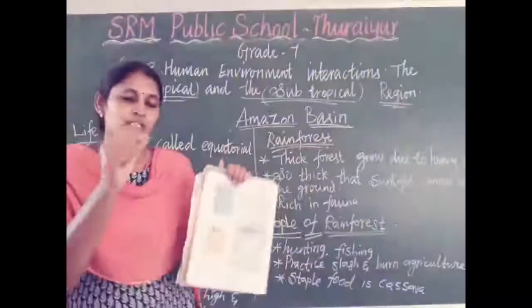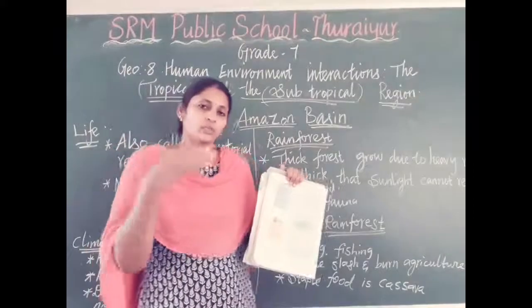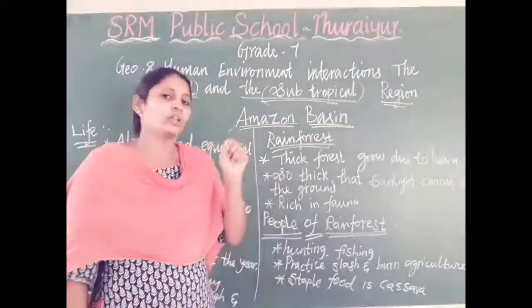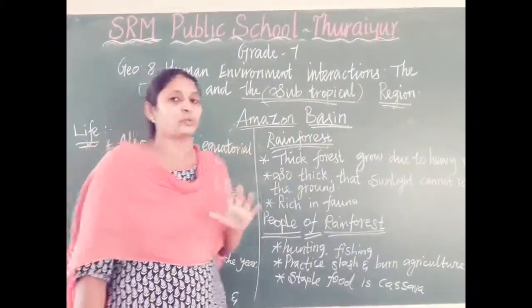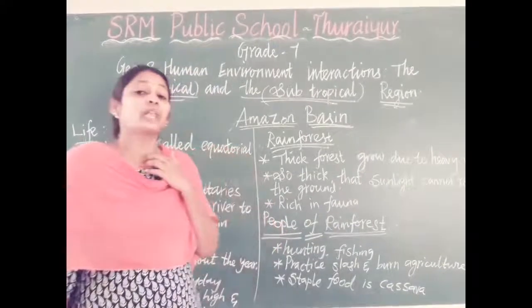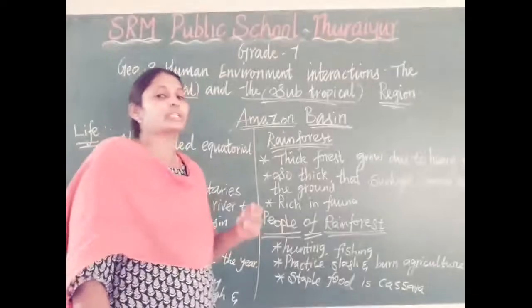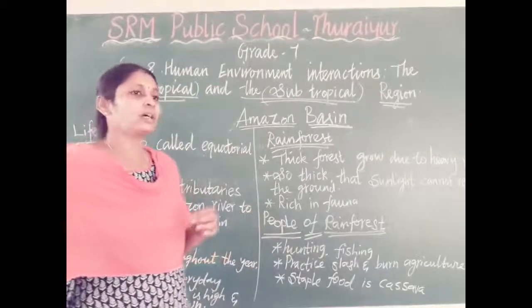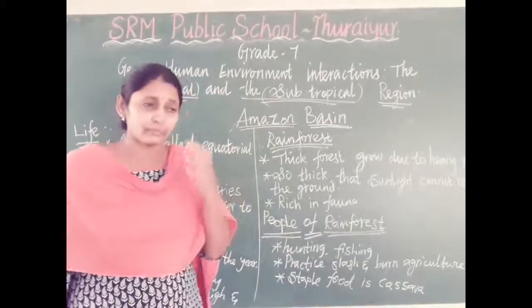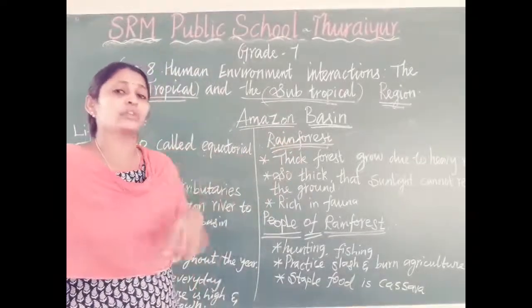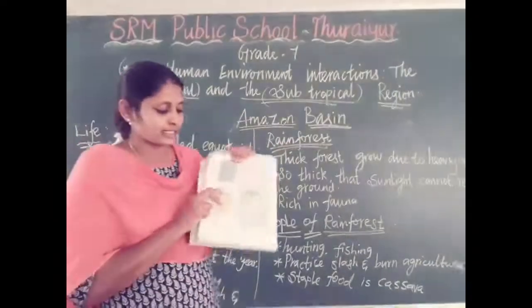When a small river joins a main river, it is called a tributary. You know that very well already. The Amazon river has more than 1000 tributary rivers, and then the water meets the Atlantic Ocean.